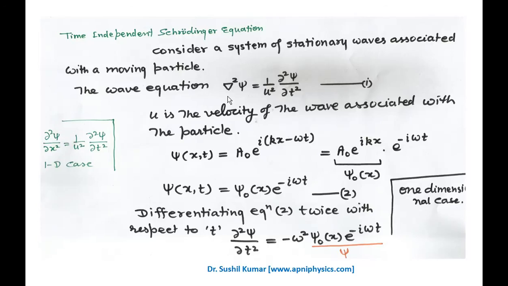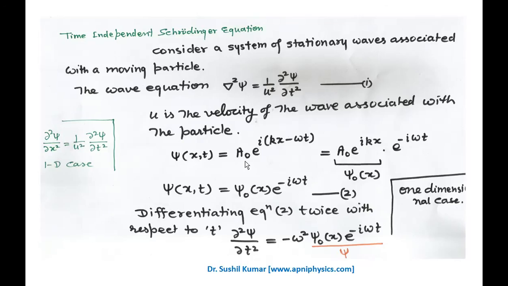So for that, del square is written on the left hand side this way: del 2 psi upon del x square is equal to 1 upon u square into del 2 psi upon del t square, where u is the velocity of the wave and psi is the wave function associated with a particle, right? So now psi is a function of x and t.